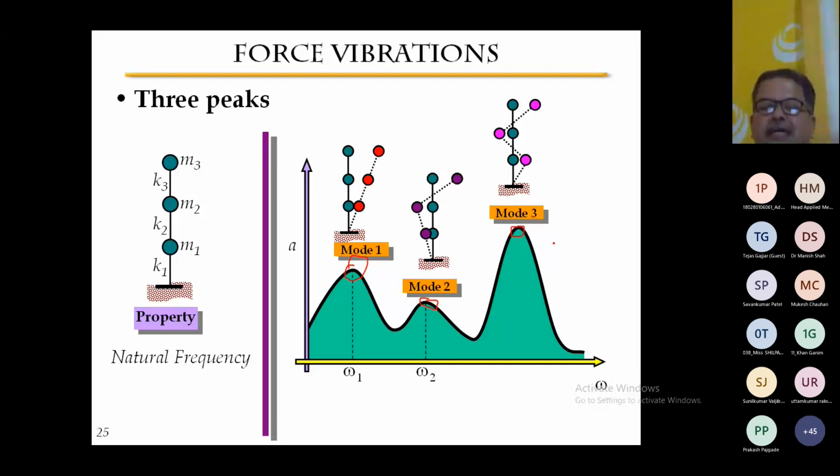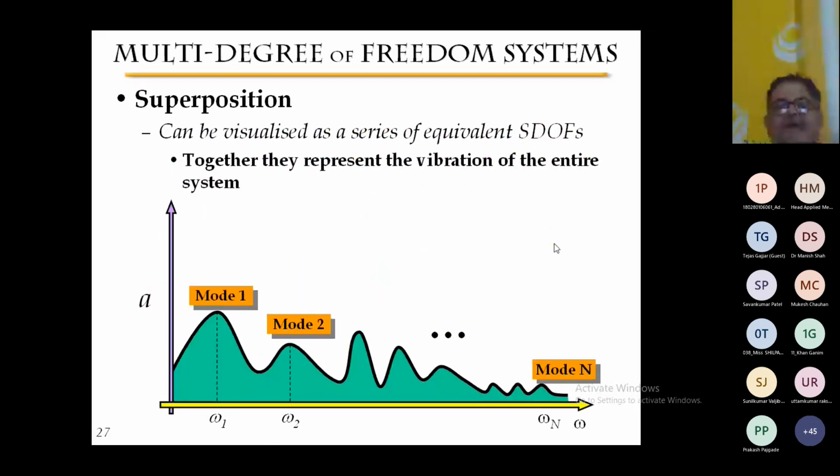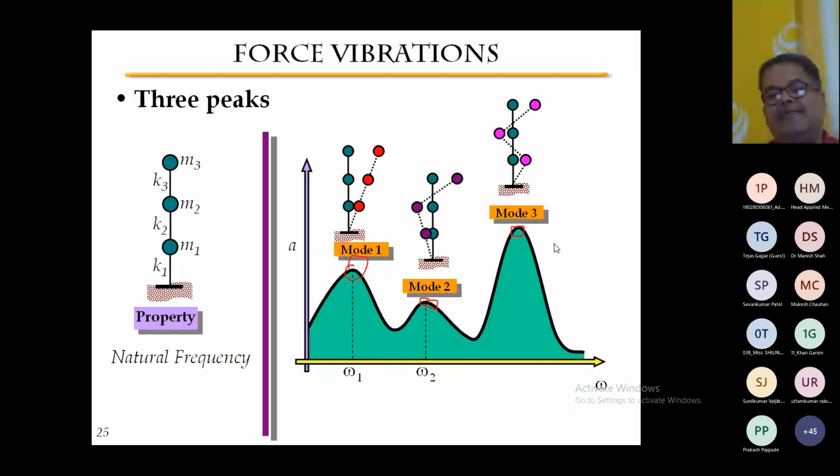If the earthquake contains 20 hertz frequency, then the response in the third mode will be higher. If the frequency is lower, then it may vibrate in the first mode. So we have to check in which mode we get the higher response: mode 1, mode 2, or mode 3 in a 3 degree of freedom system.